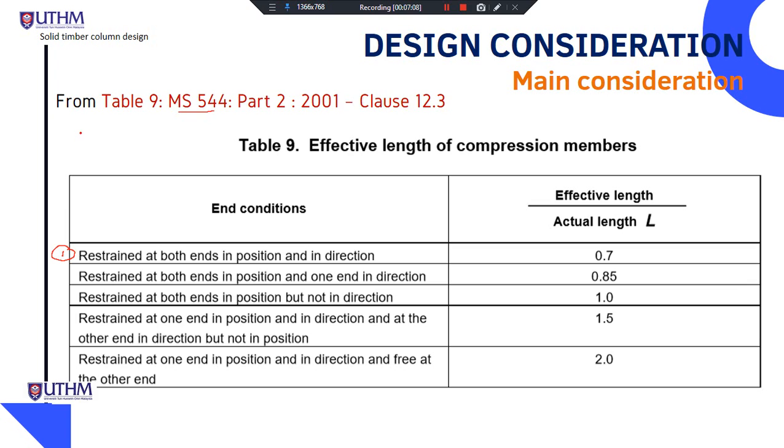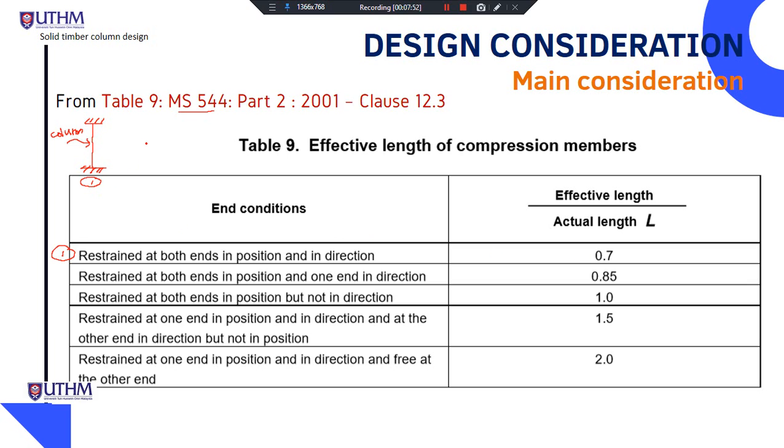So this is end condition number 1, where both ends of the column are fixed in position and also direction. So for the first case, we need to multiply the L with 0.7 to get the effective length.